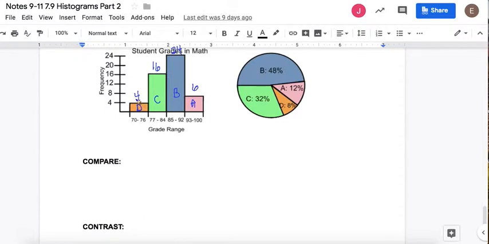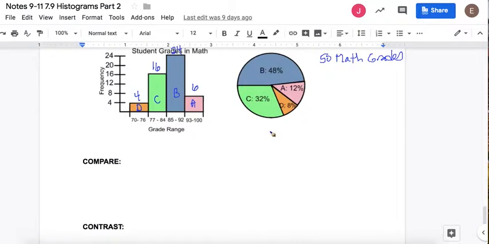Okay, so we have 4 plus 16 plus 24 would give me 44, plus 6 would give me 50. So we know there are 50 math grades. And so I want you to look here, and this is 4 out of 50, and this is 8%.